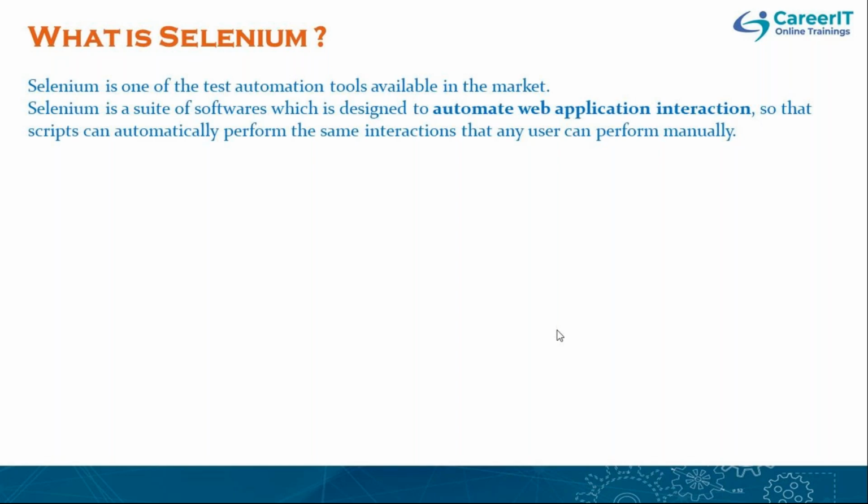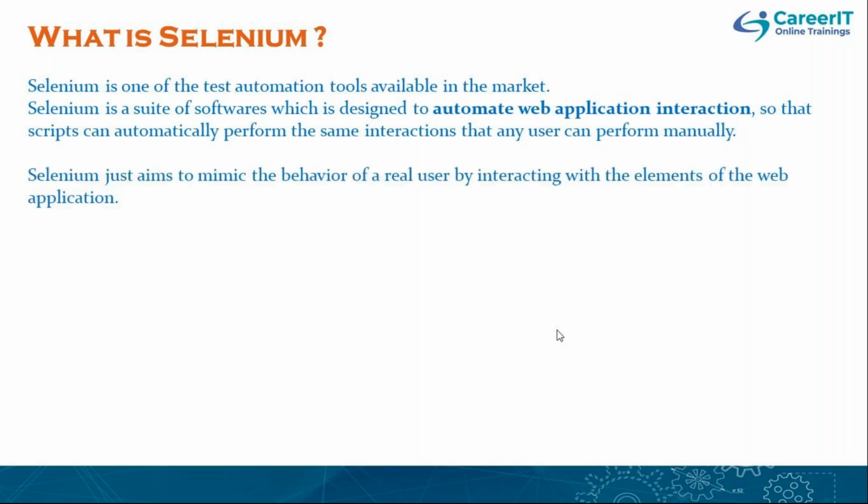Using a Selenium script I can also write a script to click on a button. The same way the real user clicks, Selenium will also click. So that is what Selenium does, guys. As I mentioned, it is basically to mimic the behavior of the real user. That is, how the real user performs actions, in the same way Selenium can perform.